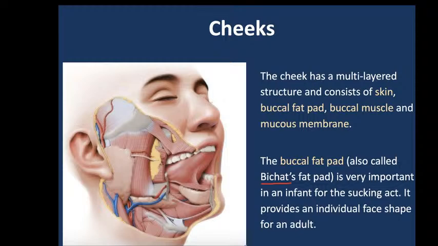When a baby starts to suck the milk, mother's milk, this anatomical structure, this fat pad, helps to do that, and it also provides an individual face shape, and it protects the external structure from altering when we are chewing.